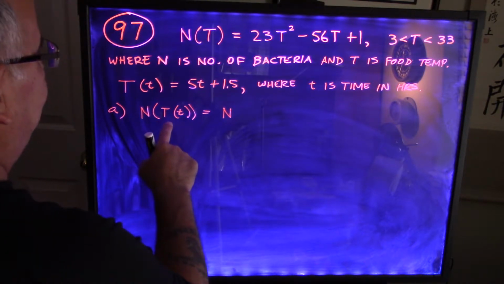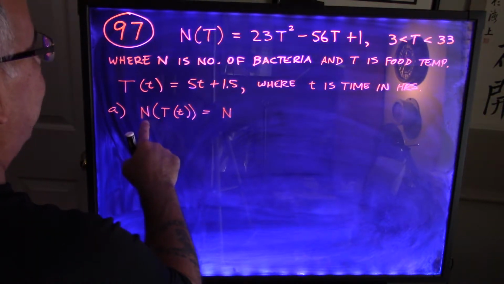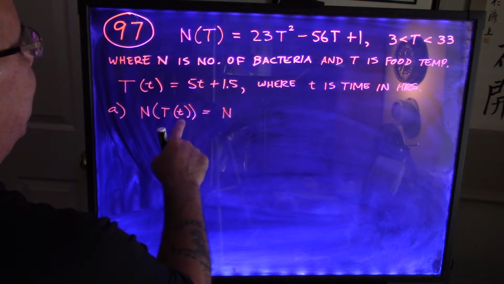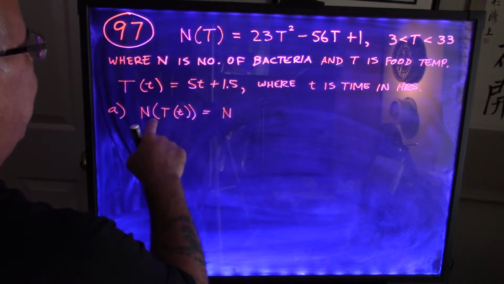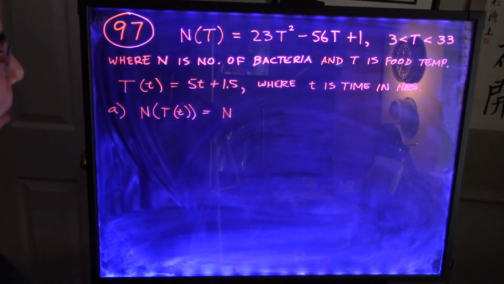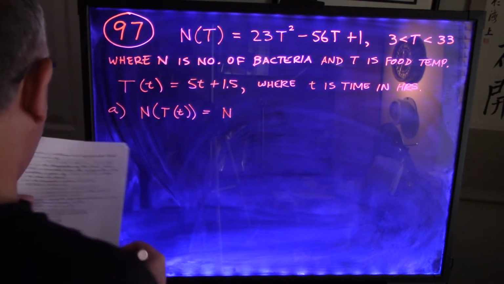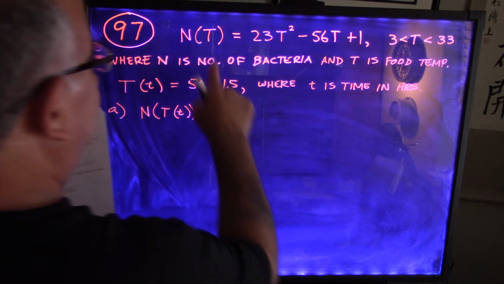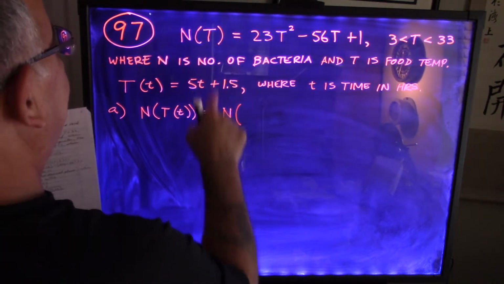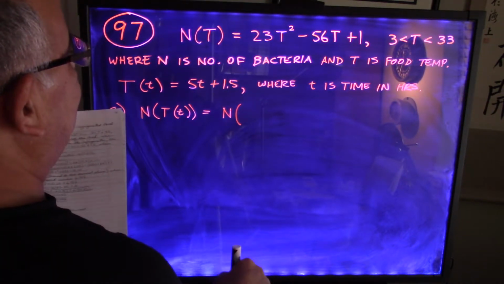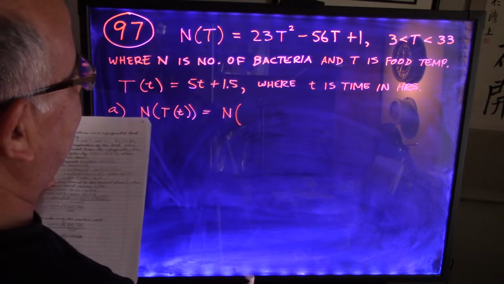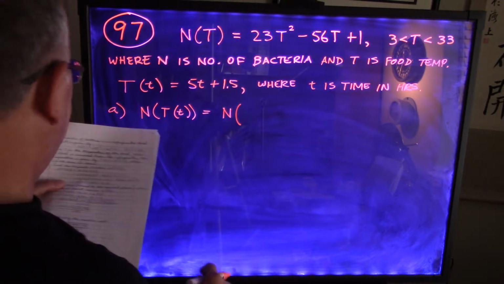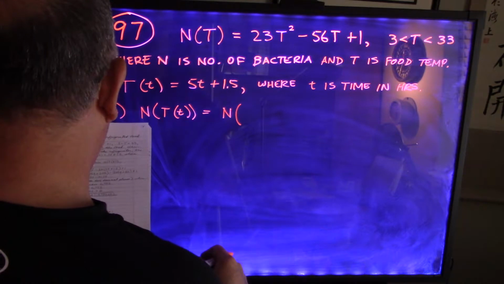We will get a function which gives you the number of bacteria in the food t hours after you take it out of the fridge. So that could be useful. This function gives you the bacteria where T is food temperature. So maybe this one we're coming up with is more useful to us.